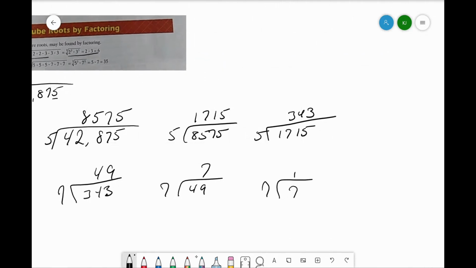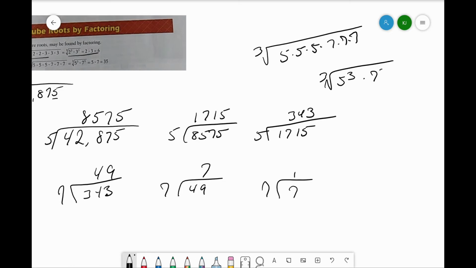So again, our cube root would be 5 times 5 times 5 times 7 times 7 times 7, or 5 to the third power times 7 to the third power. Again, when we multiply it, our exponents all cancel out, as we already know how to square root or cube root something with exponents, and we end up with 5 times 7, which is going to equal 35, which is our answer.